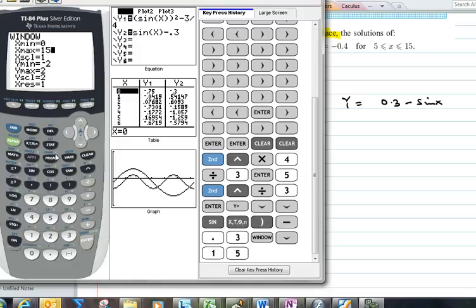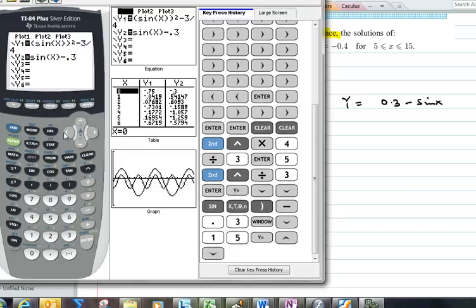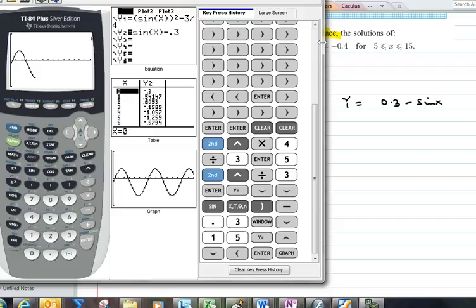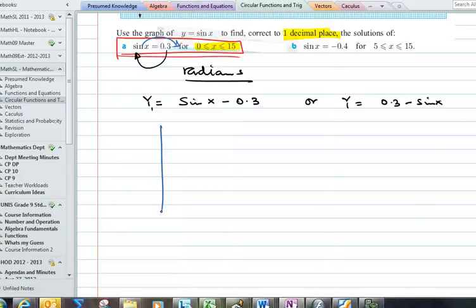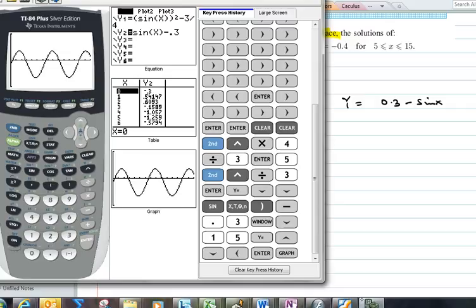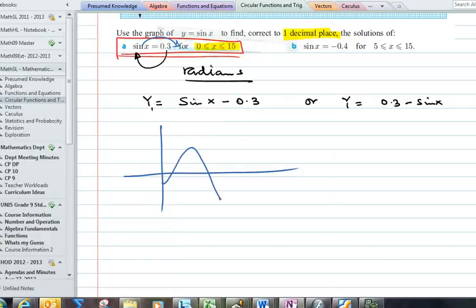Since this other graph is still showing, I don't want it, so I would deselect that graph so that I only draw the graph of y equals sine x minus 0.3. So the resulting graph looks like that, which I transfer to my paper, my OneNote, whatever it is, and I would have a graph looking like that.